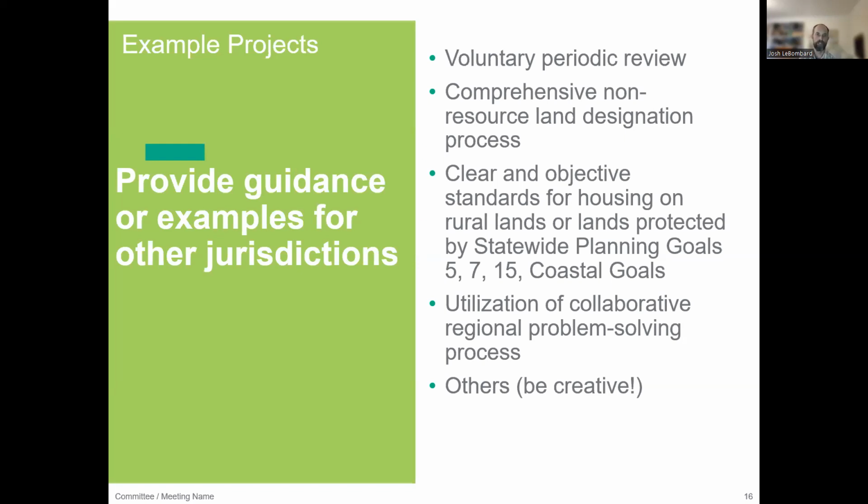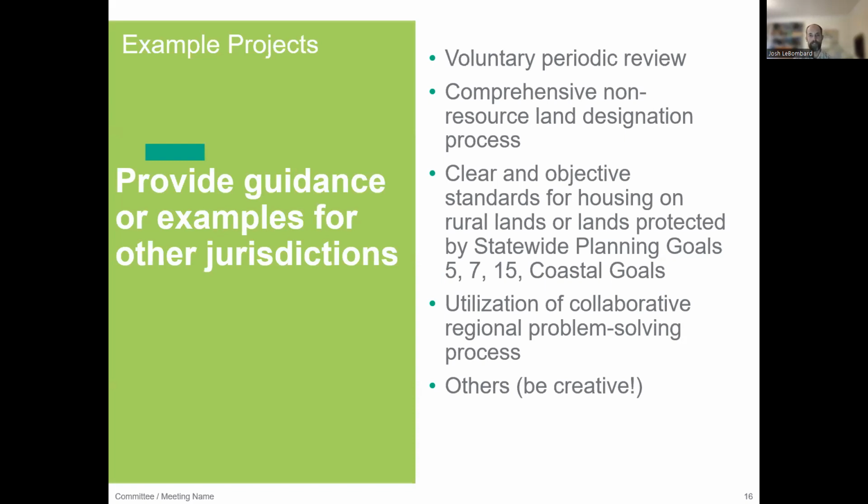So if a county's interested in this conversation, once again, I strongly recommend you contact your regional rep to work through this one ahead of time. The next one is to develop clear and objective standards for housing on rural lands or lands protected by planning goals 5, 7, 15, or some of the coastal goals.